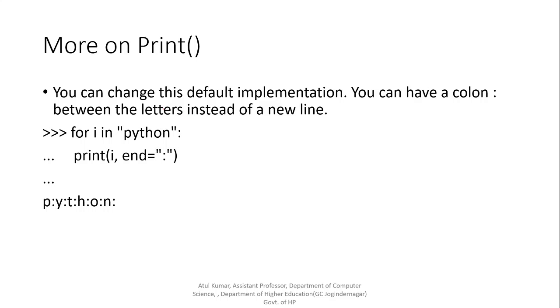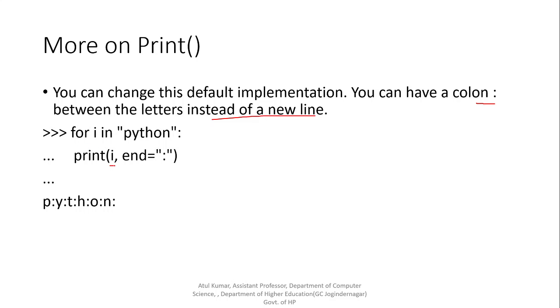Next, you can change this default behavior. That means if you don't want the cursor to go to the next line after a print statement, and you want to add a colon after executing the print statement instead of a new line, this also can be done in Python.